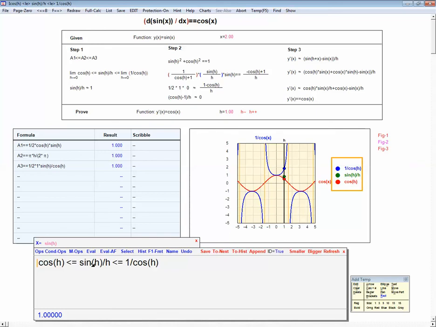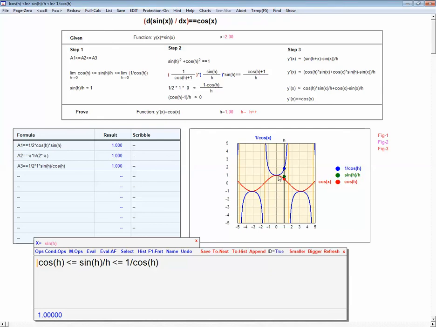And what we're showing down here analytically is that the green dot is between the blue dot, which is 1 over the cosine of h, and the red dot. And you can see that in the graph too. And what happens as h gets smaller and smaller?